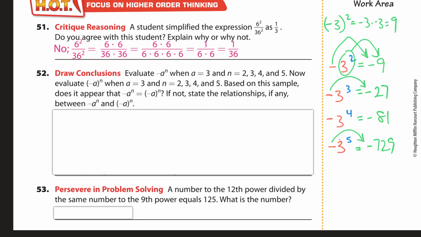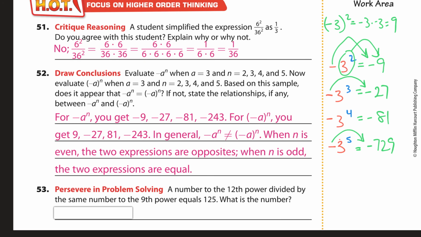Okay, based on the result, does it appear that negative a to the n is equal to negative a to the n? It looks like it is. I'm going to say it's a go.